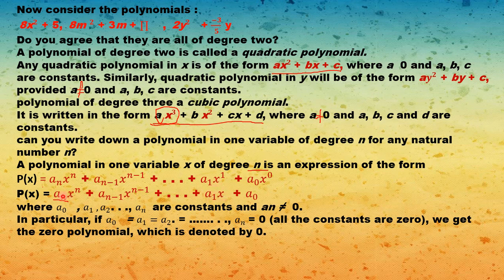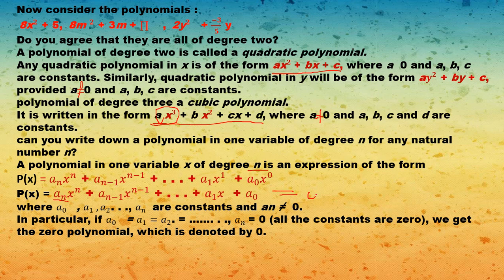So all these terms are zeros, so p(x) is equal to 0, correct? If all a's are 0, it becomes 0 plus 0 plus 0 plus 0, and ultimately we get the polynomial in variable x equal to 0.